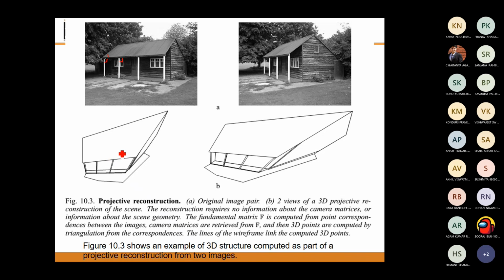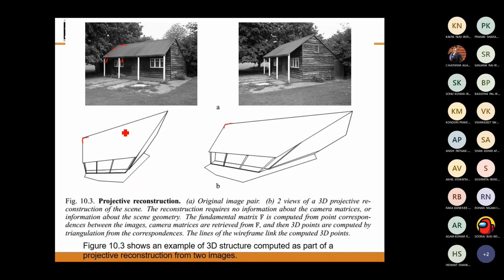The only things preserved in the projective reconstruction are the straightness of the lines and the fact that two lines intersect. That means here in this scene, I know that this line and this line intersect. Similarly, if I look at this reconstructed view, yes, these two lines are intersecting here also, and in this other reconstructed view, these are also intersecting.